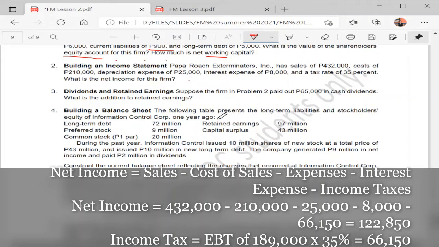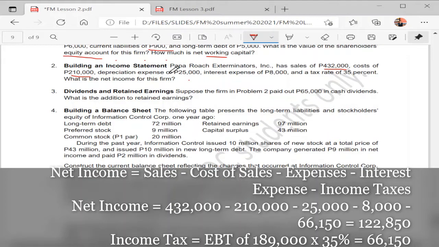So we can start with the sales of 432,000 and we deduct 210,000. Deduct also the depreciation expense of 25,000, and we will get the earnings before interest and taxes. But again, we do not need to compute it if it's not relevant in the problem.